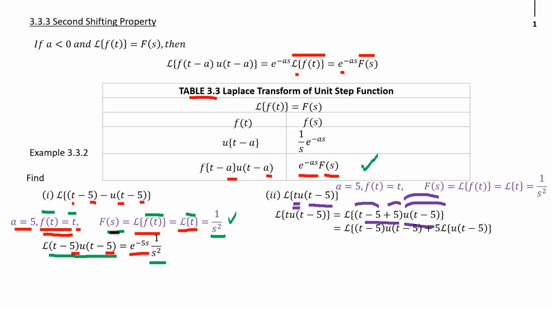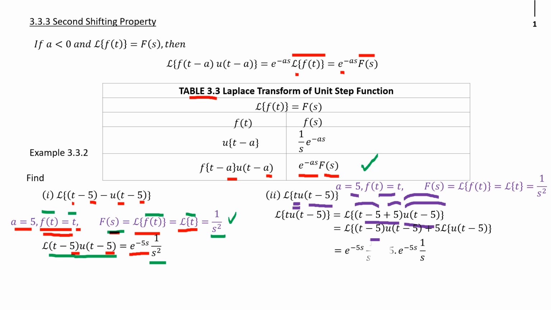Okay, now we have a is 5 and f(t) is t, F(s) is 1 over s squared.